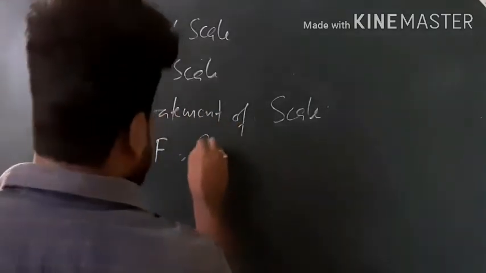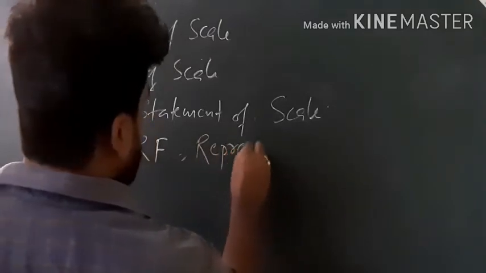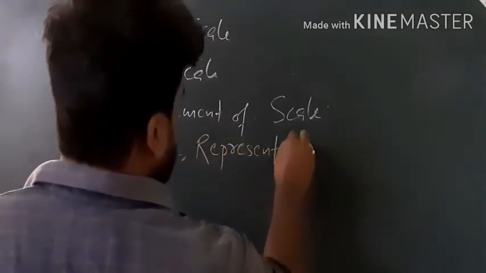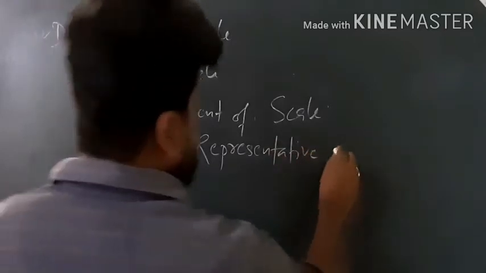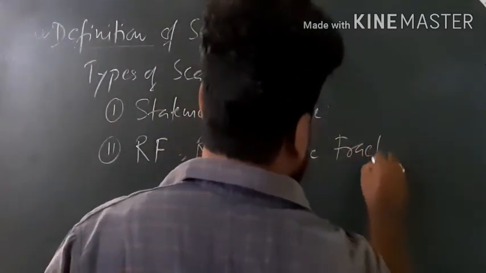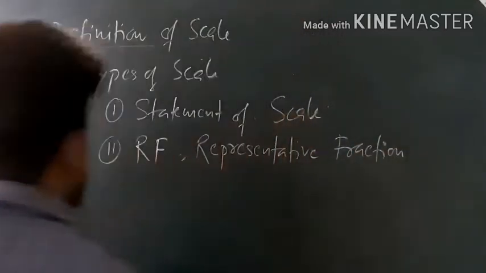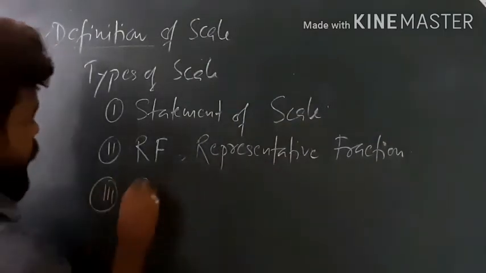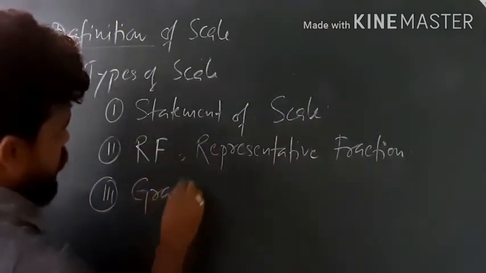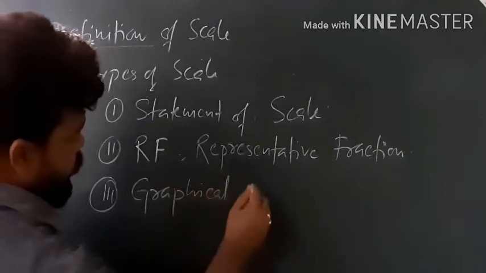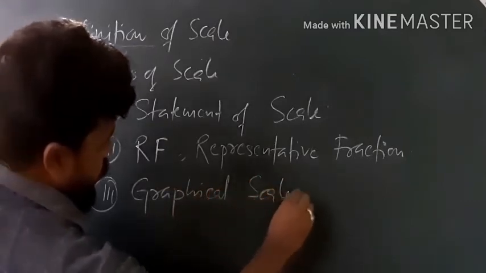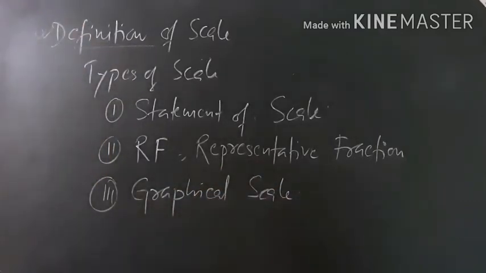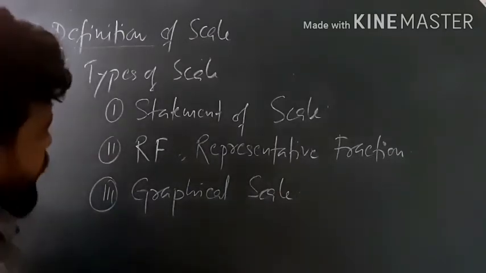So that is called a representative fraction. And next is the graphical scale. So first we'll see what the statement of the scale is.